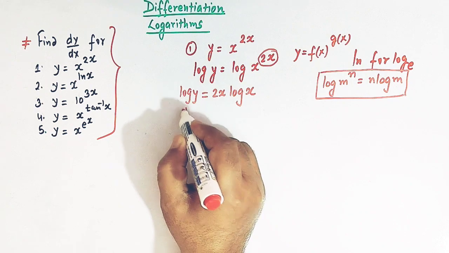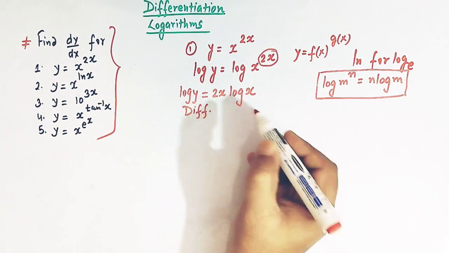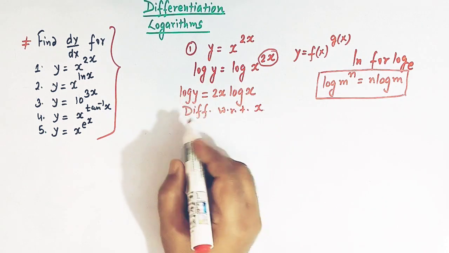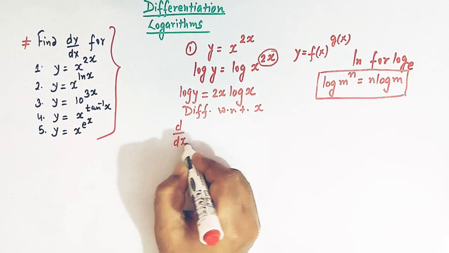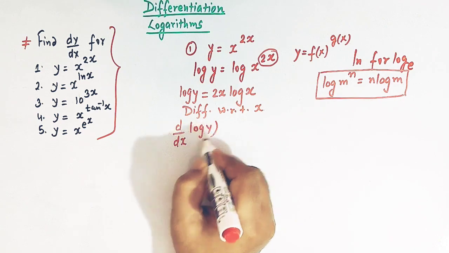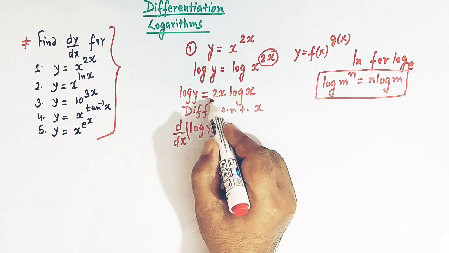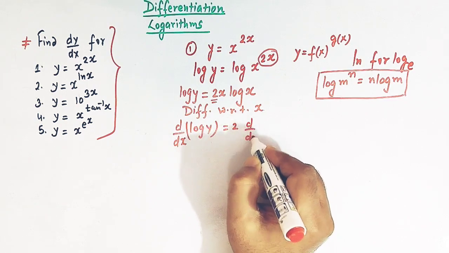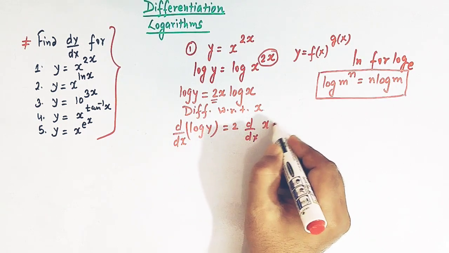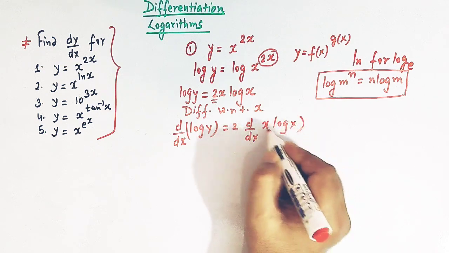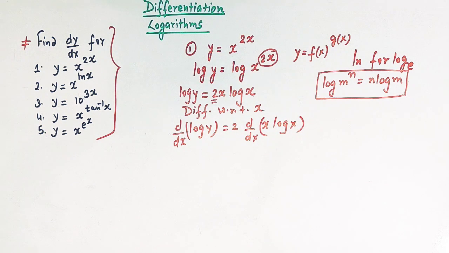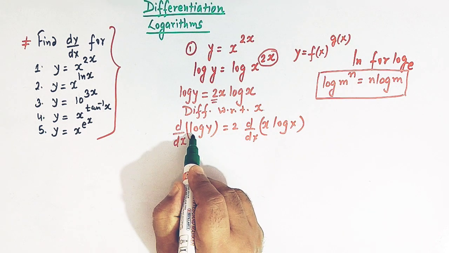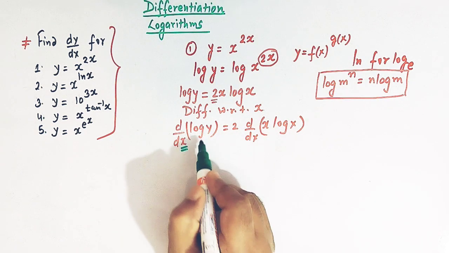Now we can differentiate both sides with respect to x, right? So what we'll have, we have d by dx of log of y, and here we have 2 as the constant, so we can take it outside. So we have d by dx of x log x, right? So now see, here we have the derivative of log y with respect to x, right?